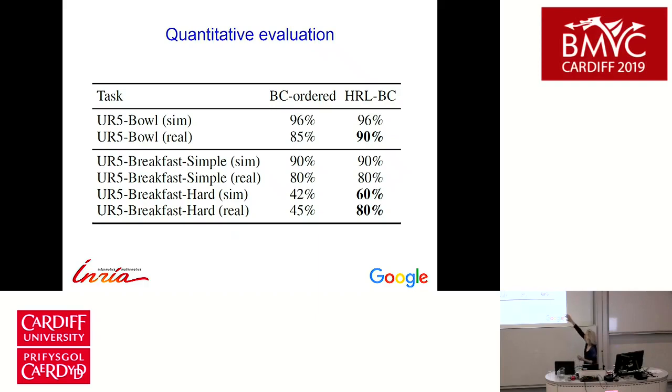But if you go to the real robot, having the RL on top of the skills gets you an improvement in performance. This is in particular true if you look at this breakfast data set and you make the configurations harder, where the objects are closer together or you have occlusions. Then having this RL on top of the skills really helps you by a significant amount.